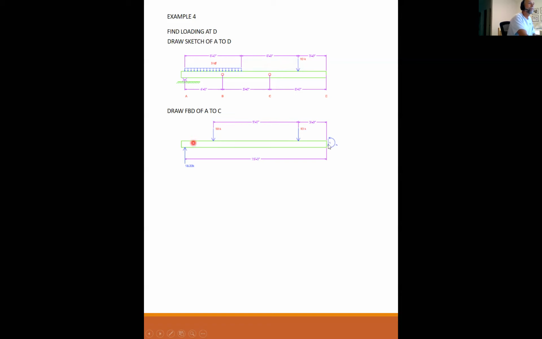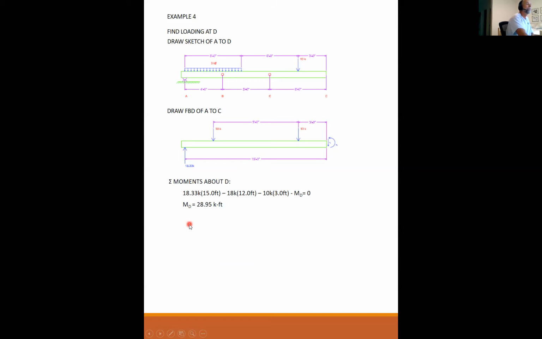And each time we do a new cut, your eccentricities, your moment arms are getting bigger, right? So we have our 18 from the linear load. We have our 10 from the point load. We have an unknown VD and MD, and we have our known reaction at A. So summing moments about D, I have 18.33 times 15 feet, minus 18 times 12 feet, minus 10 times 3 feet, minus my unknown MD equals 0.